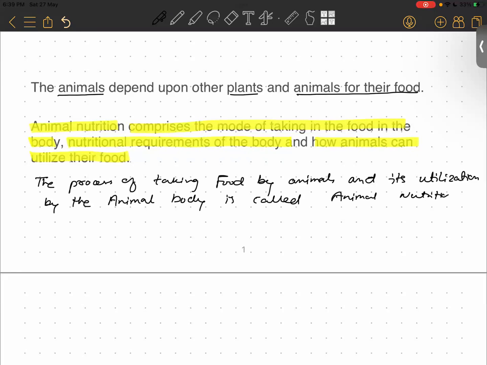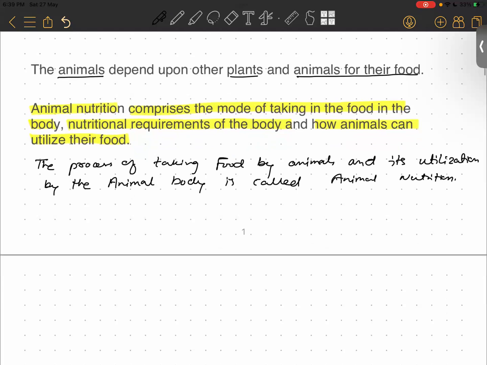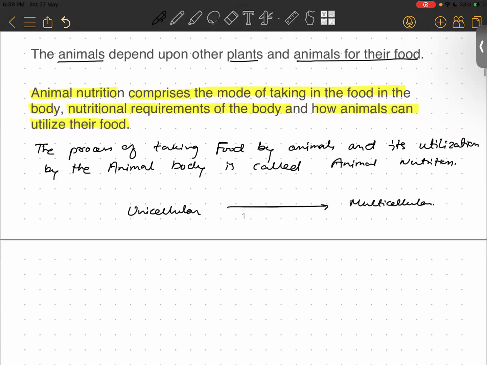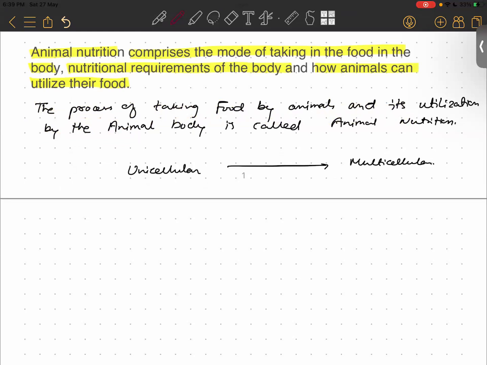One more thing to be noted here is that the animal we are talking about may range from a unicellular organism to a multicellular organism. Can you give an example of a unicellular organism?